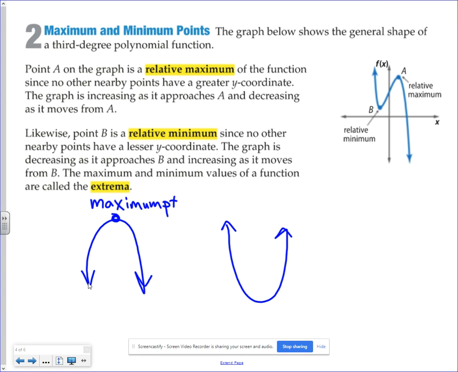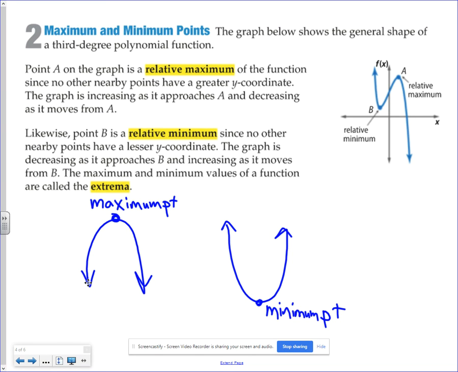And when it opened upward, we call that the minimum point. And that was for quadratics. Well, now we're going beyond quadratics. We're doing cubics, fourth degrees, fifth degrees, and so forth. So some of your graphs can have multiple maximum points and multiple minimum points. And it's called a relative maximum and a relative minimum.